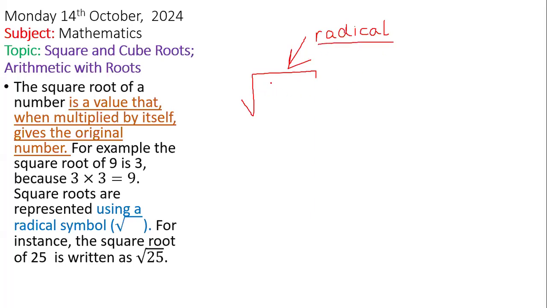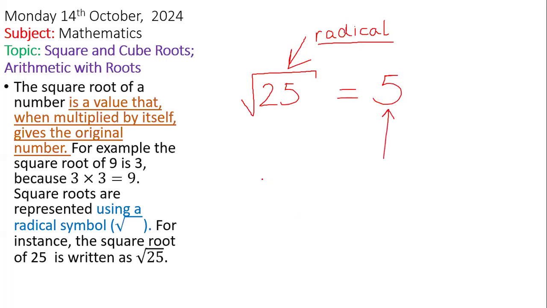You put a number inside of it, and whatever number you put inside, it means find the square root of it. So, for example, what's the square root of 25? That's going to be equal to 5. Why is the square root of 25 5?